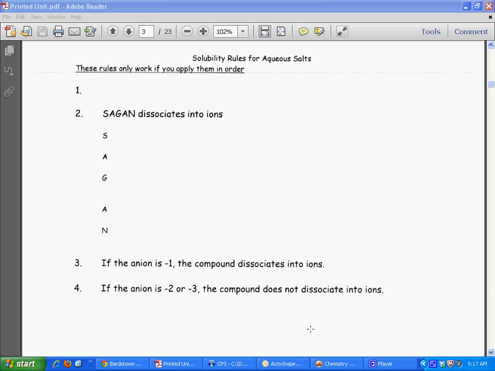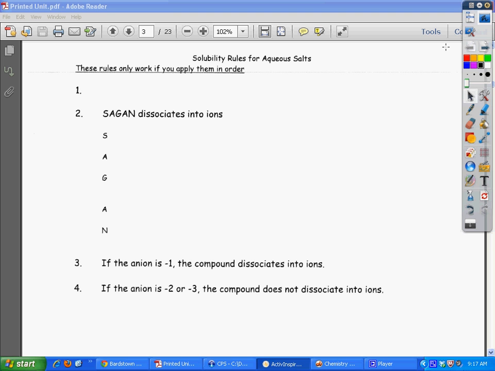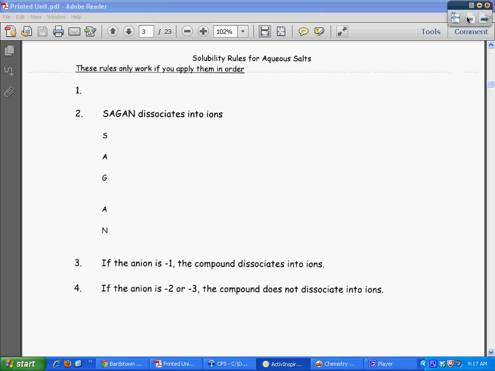Once you've classified something as a salt, then you're going to have to further classify it to decide if it's going to dissociate into ions or not. Notice it says these rules only work if you apply them in order.